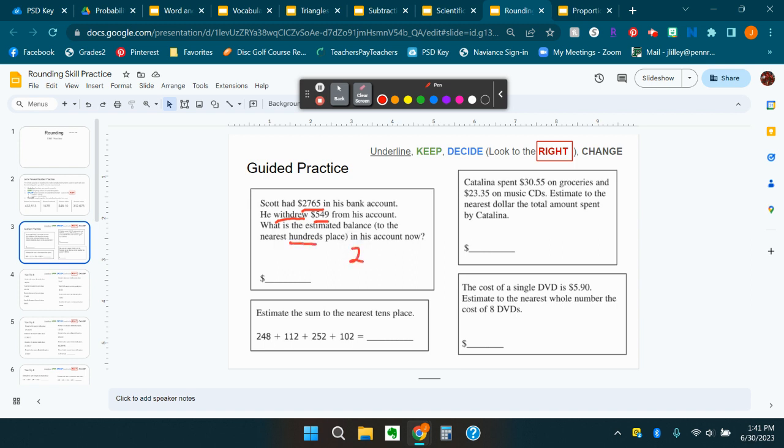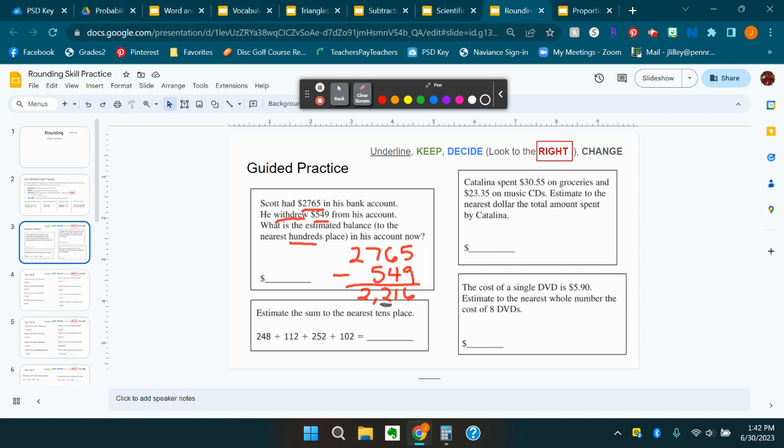So we're going to be doing 2,765 minus 549. And when we do that, we're going to get 2,216. So then we're saying, okay, what's the nearest hundreds place? So we're going to underline the hundreds place.